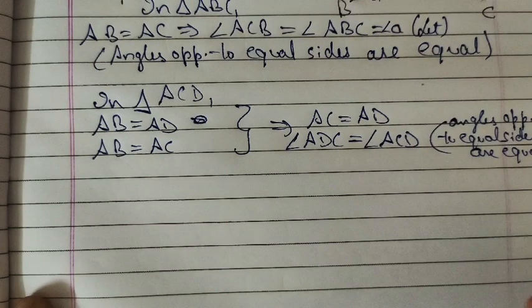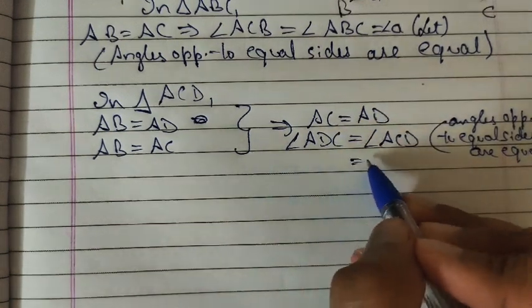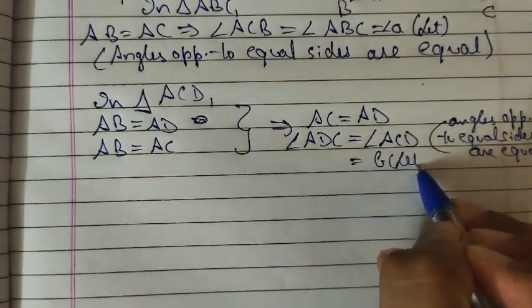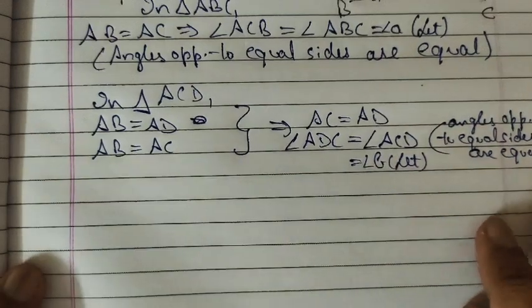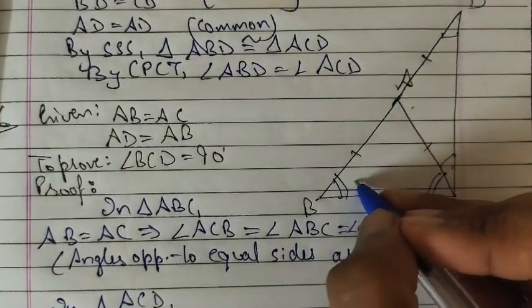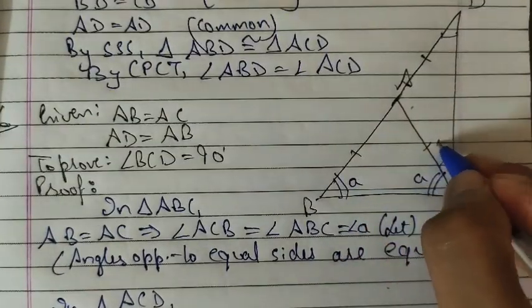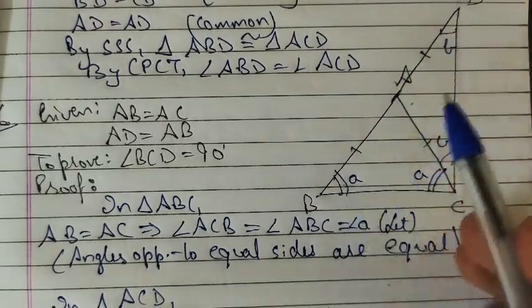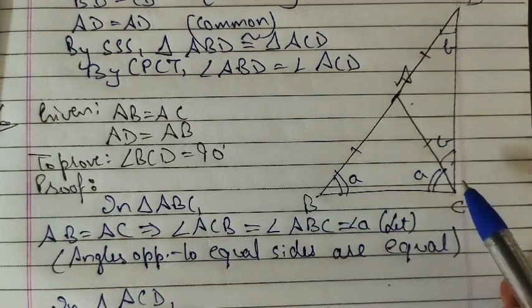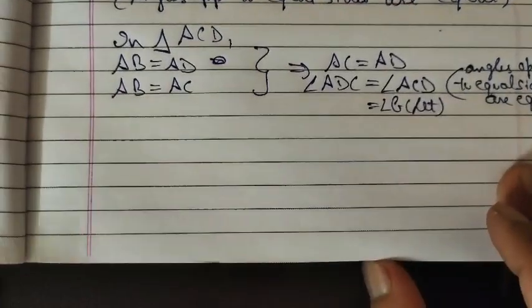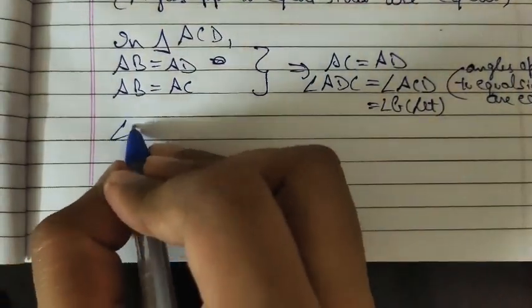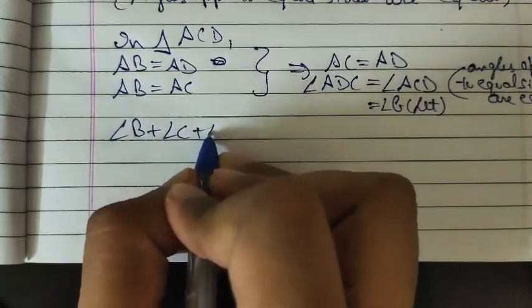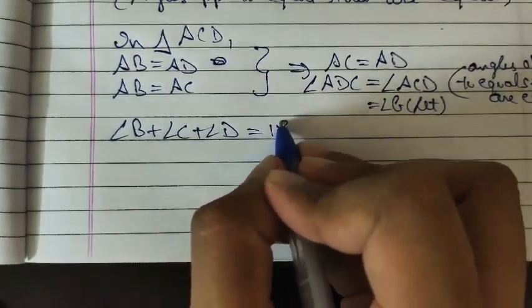So let's say this is b. So from the figure we can say this is a, this is a, this is b, this is b. So if I add angle D, angle B and angle C, the sum will be 180. So angle B plus angle C plus angle D is equal to 180.